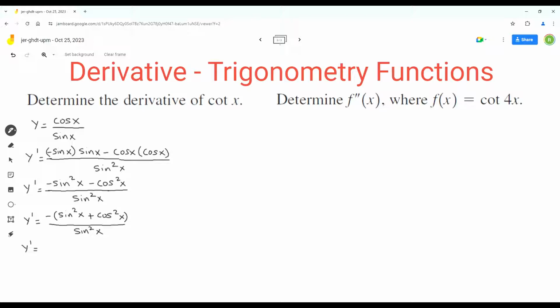Now in the parentheses, sine square x plus cos square x is equal to 1 as per the Pythagorean identity. So we get negative 1 in the numerator.